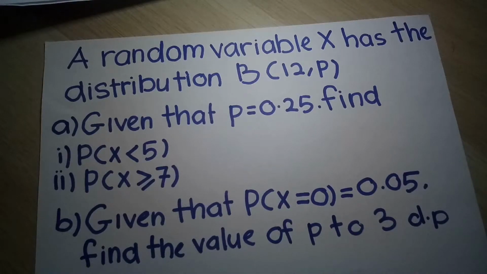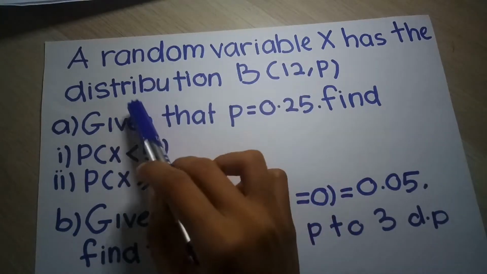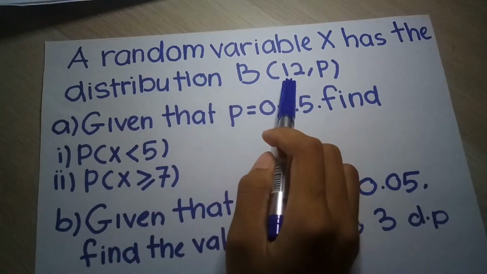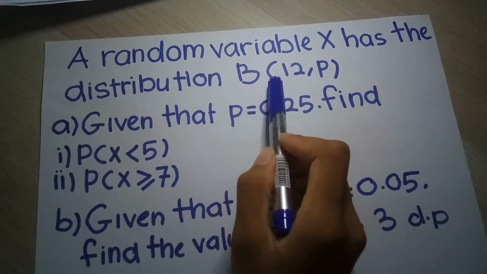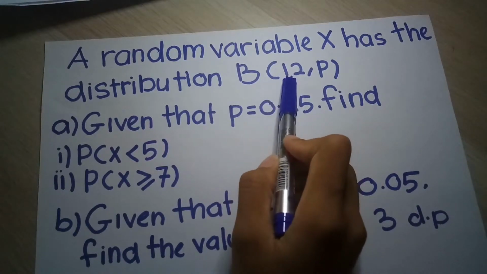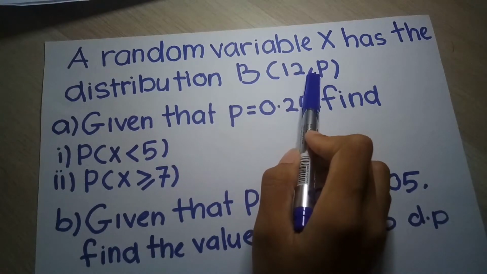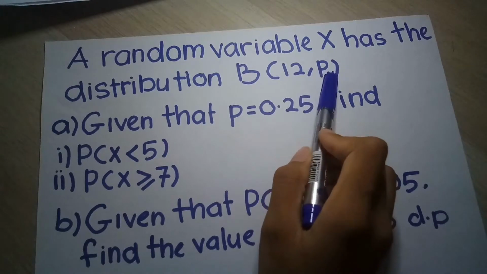Assalamualaikum. Hi. Let's try this exercise. First of all, we have a random variable x with binomial distribution B(12, p), and the number of trials is 12. Probability of success is p.